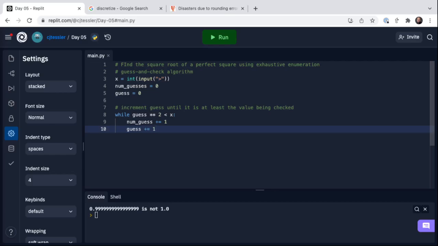So we're basically going to try to find a perfect square by starting at 1 and squaring it, starting at 2 and squaring it, and so on. And we're going to check if it's a perfect square.